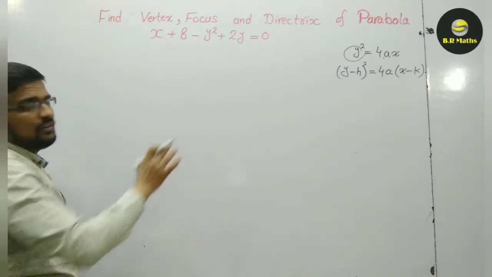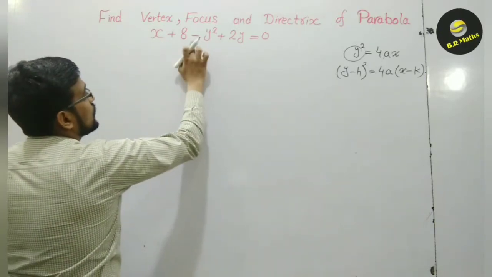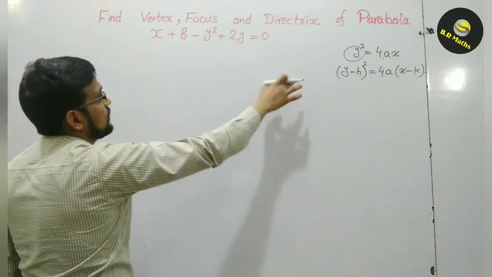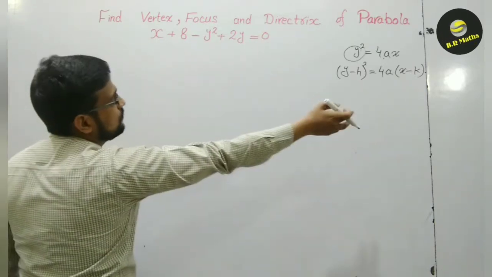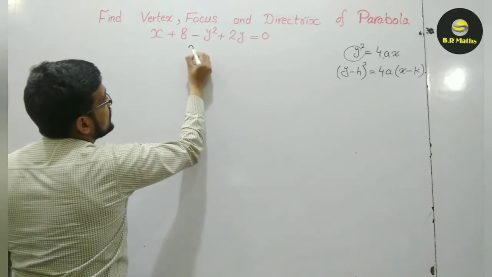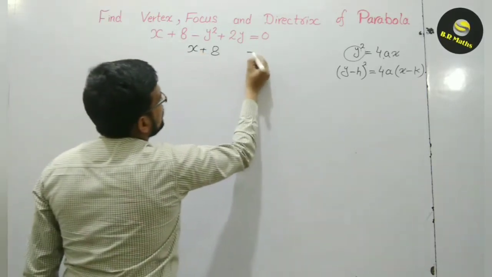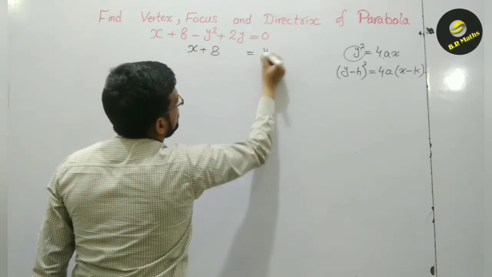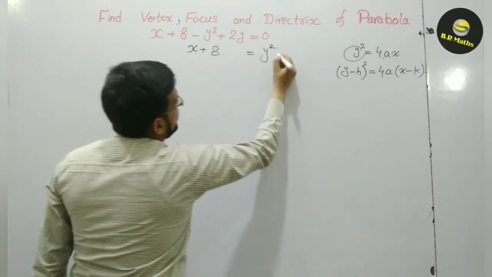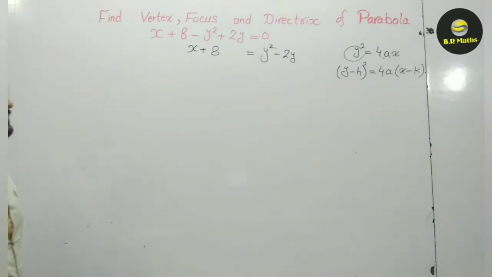First of all, arrange and separate this equation. Minus y² becomes plus when it moves from left to right, and similarly 2y becomes minus. So x + 8 remains here, and y² - 2y is on the other side.